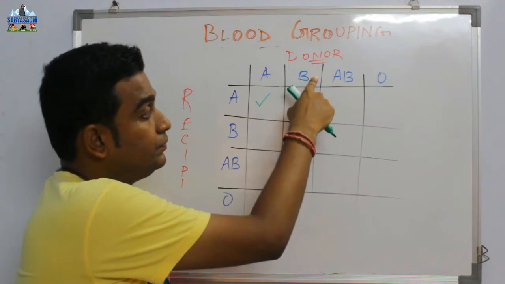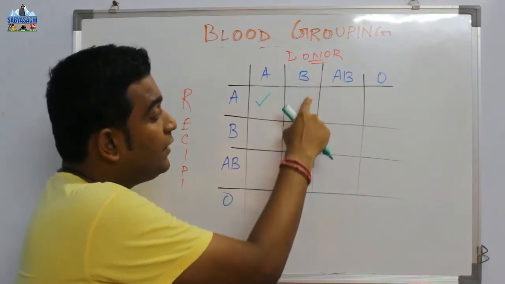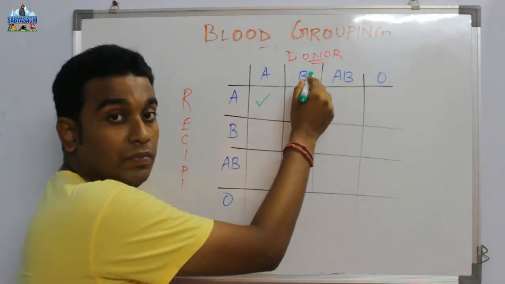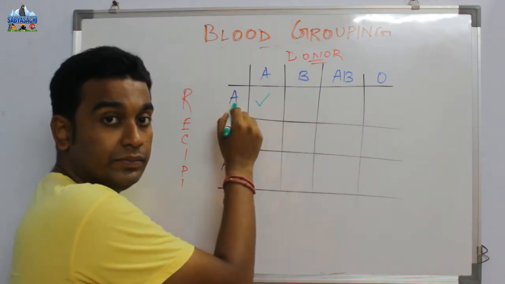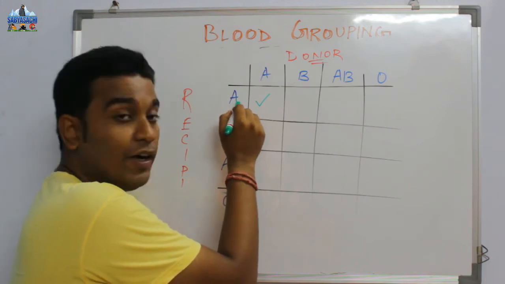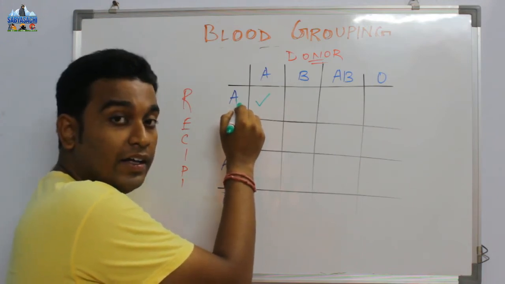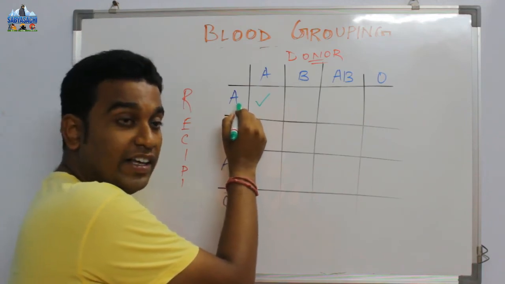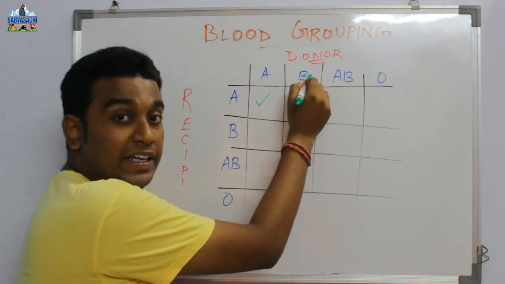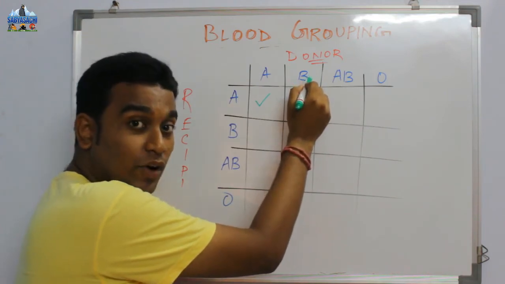B blood group. If B blood group donates blood to A, now you see A blood group plasma, if you remember, contains an antibody against the antigen of B, anti-B antibody.